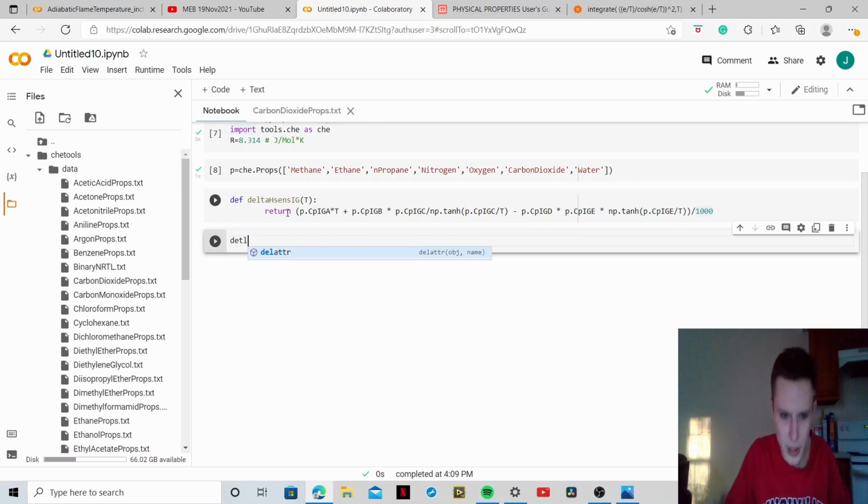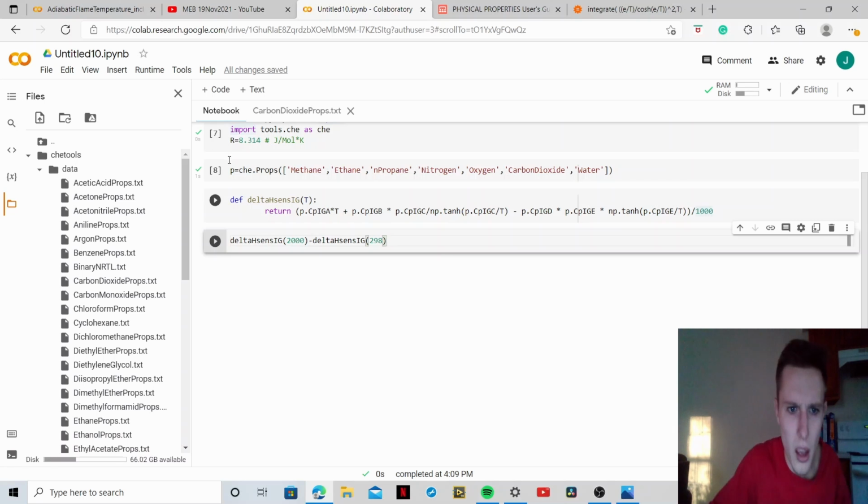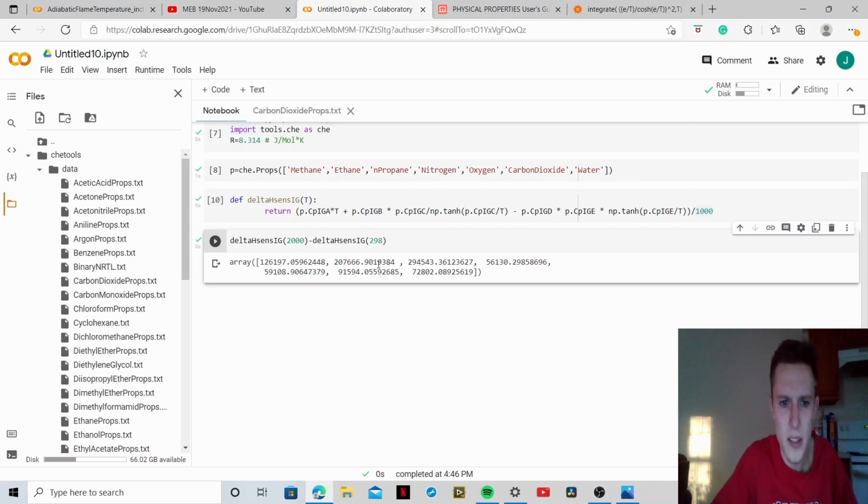Our delta H sensible of an ideal gas for 2000, subtract delta H sensible of an ideal gas for a temperature of 298. All right, and let's run this, and there you go. It actually gives us the change in the enthalpy for the ideal gas over that temperature range.